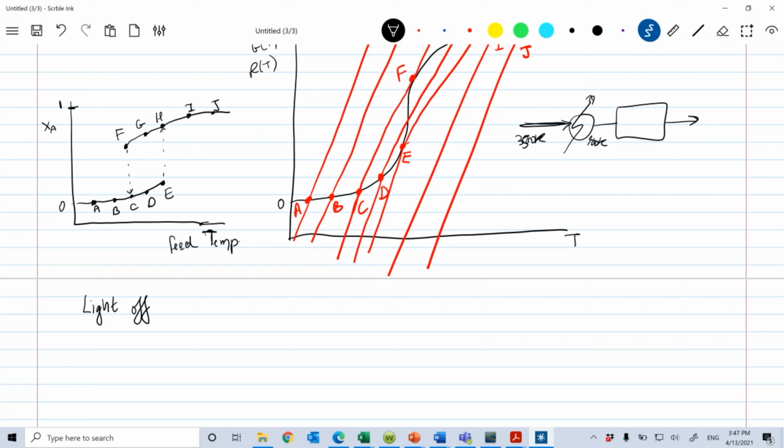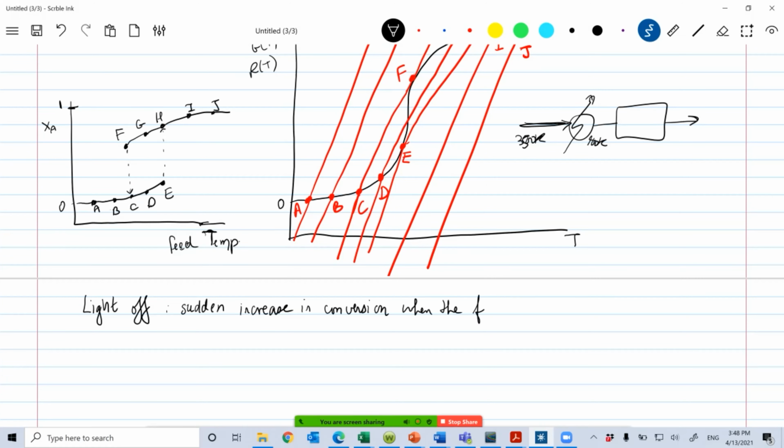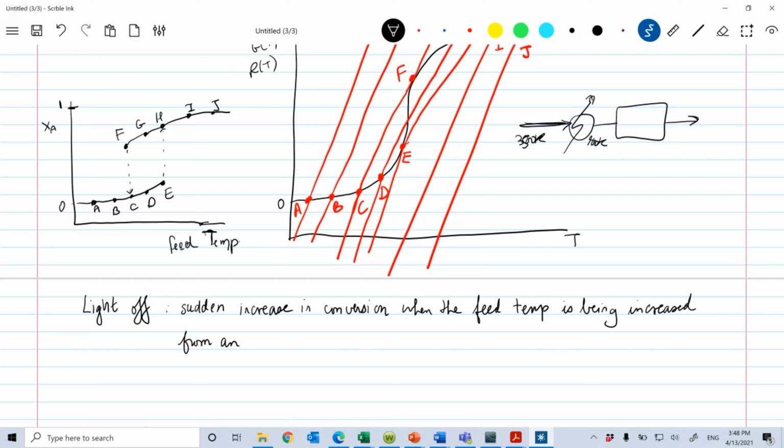Light off is the sudden increase in conversion when the feed temperature is being increased from, say, an initial value to a high value.